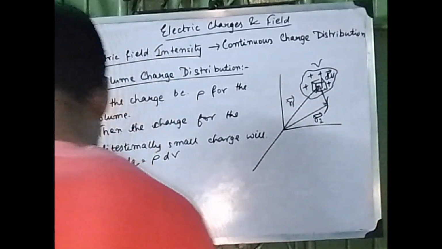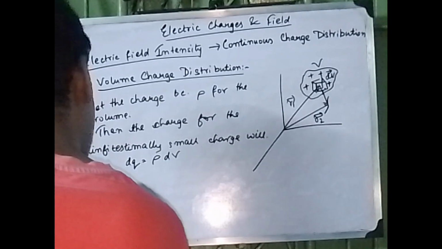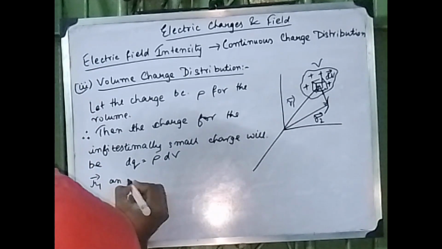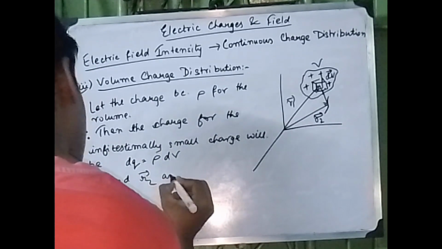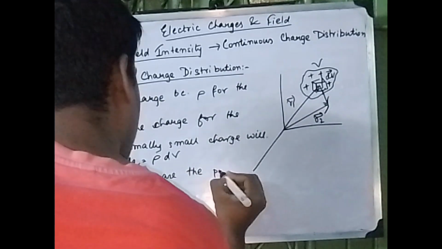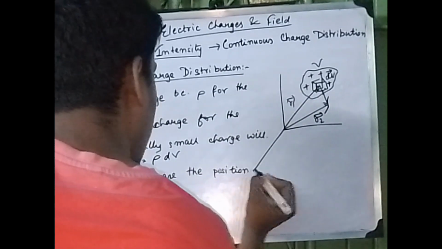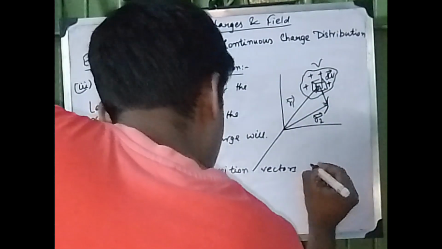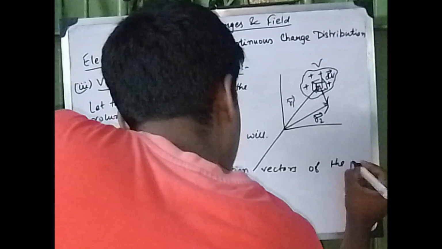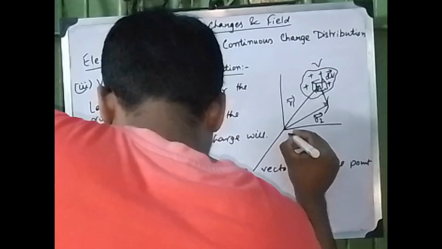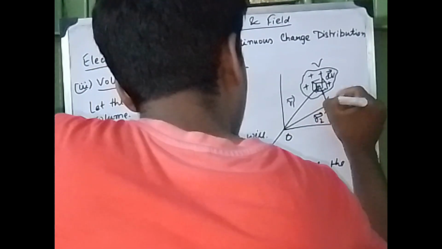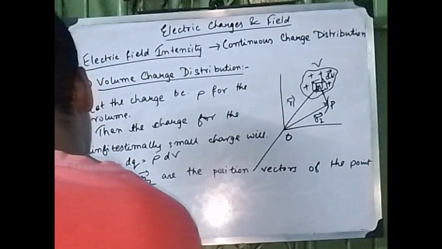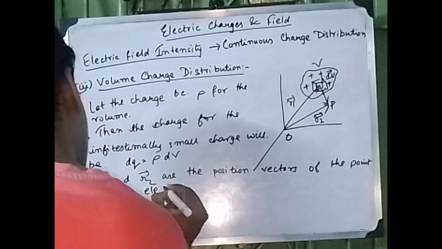Where r1 and r2 are the position vectors of the element dV. Then P is the point.